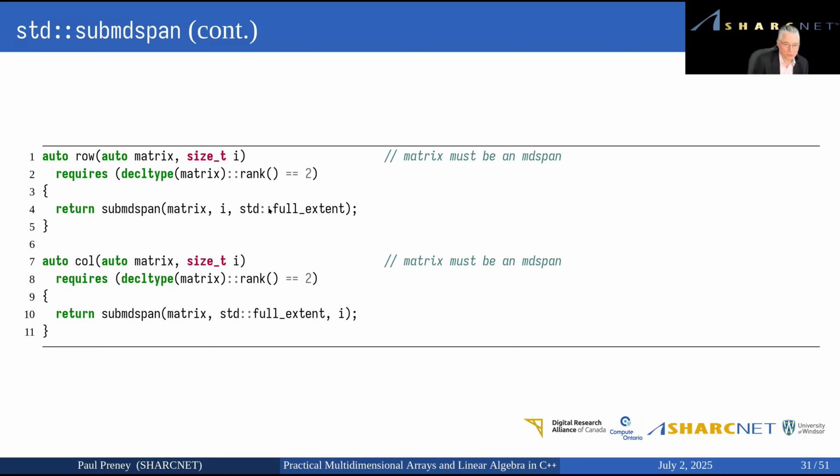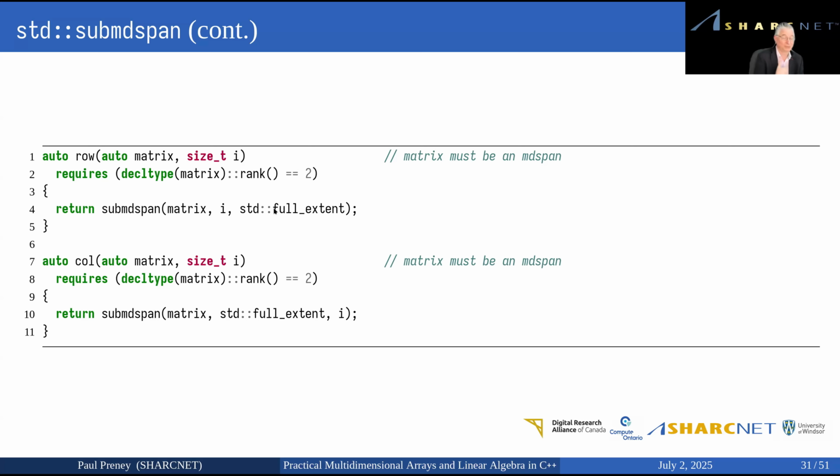And then I have one value for each dimension that's relevant for the submdspan. If I go i, comma, full_extent, then I want to get row i, because I'm row by column, so row is the first one, column's the second one, so row i, and then all the values in the columns. So i is fixed, but all the values in the columns.